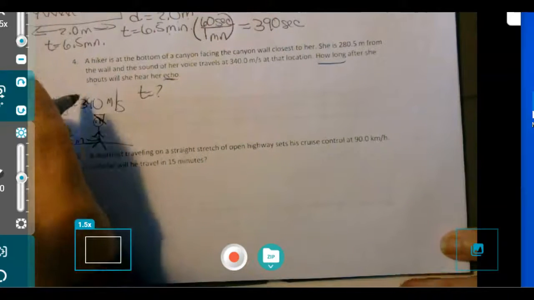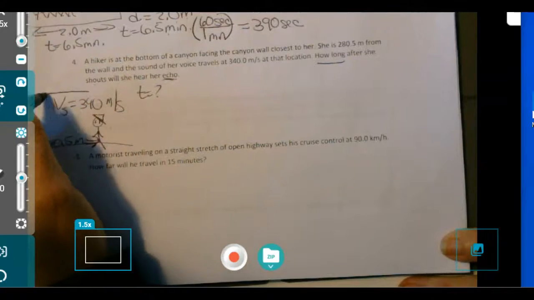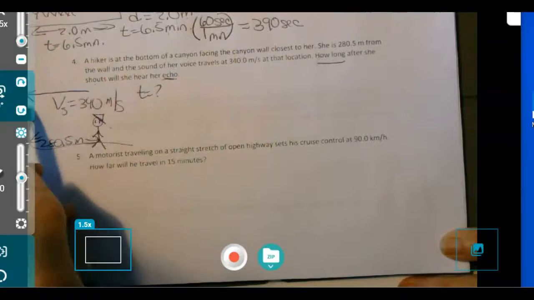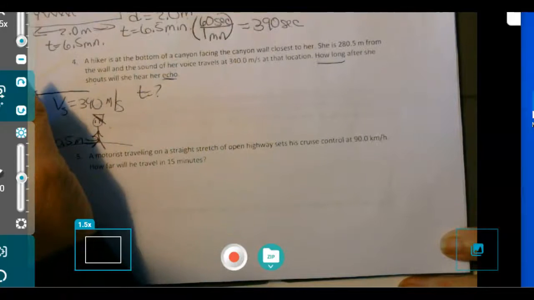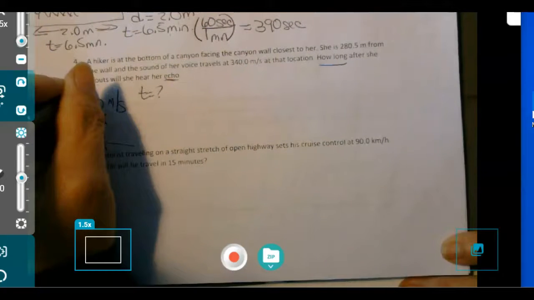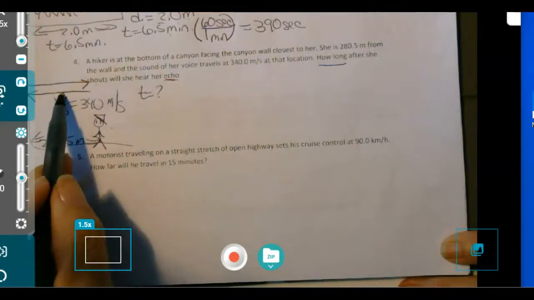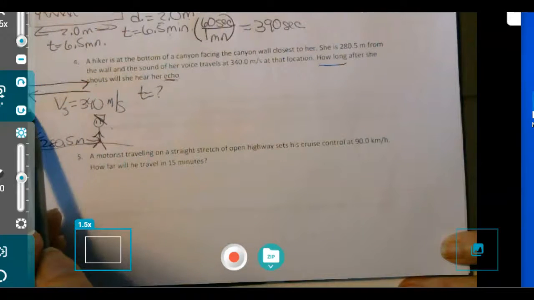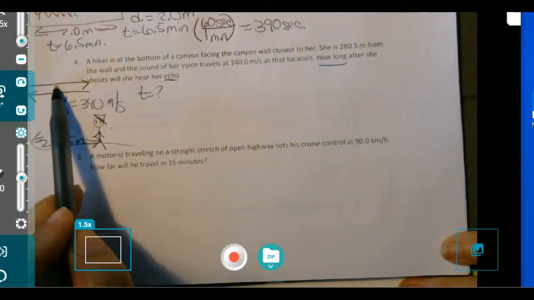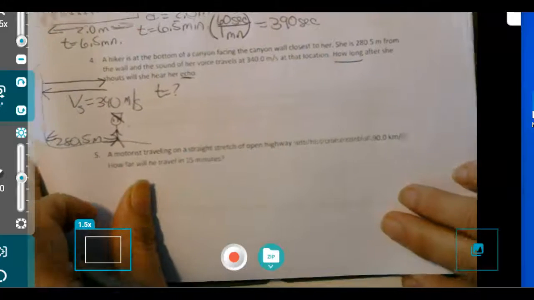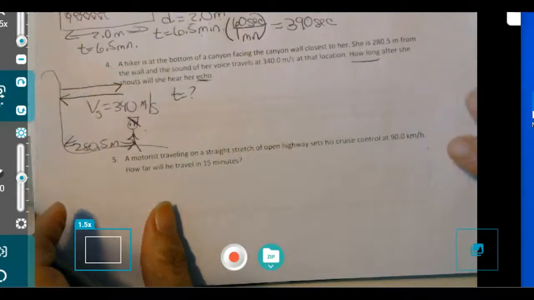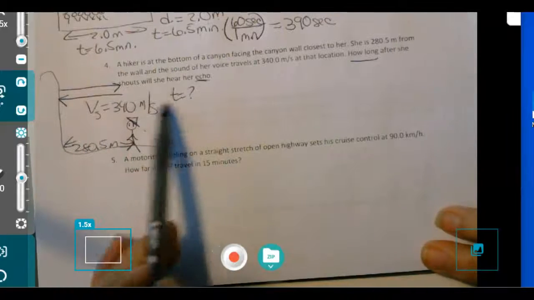The problem is her voice is going this way, right? That's how long it takes for her voice to hit the wall. Then sound has to go back to reach her ear. So we're going to find the time for it to go to the wall, and then we're going to multiply it, sorry, you didn't see my little wall over here. Apologize. So anyways, I'll say that again.